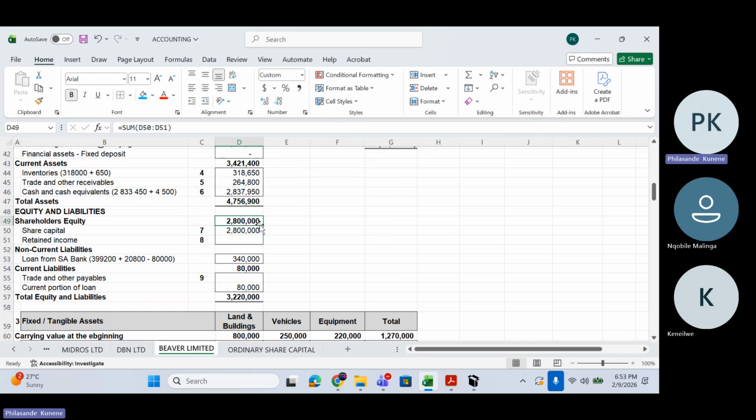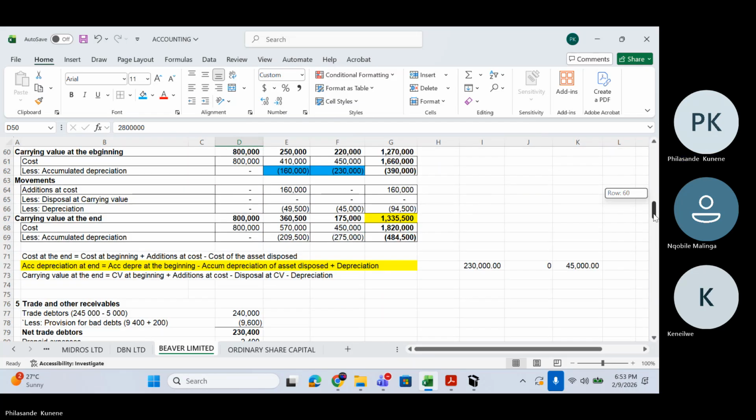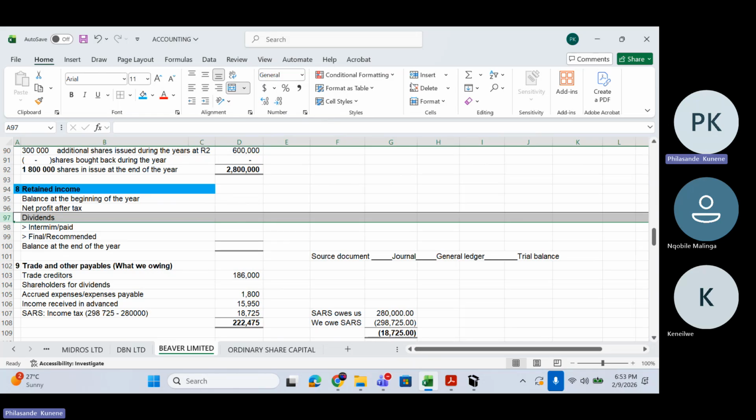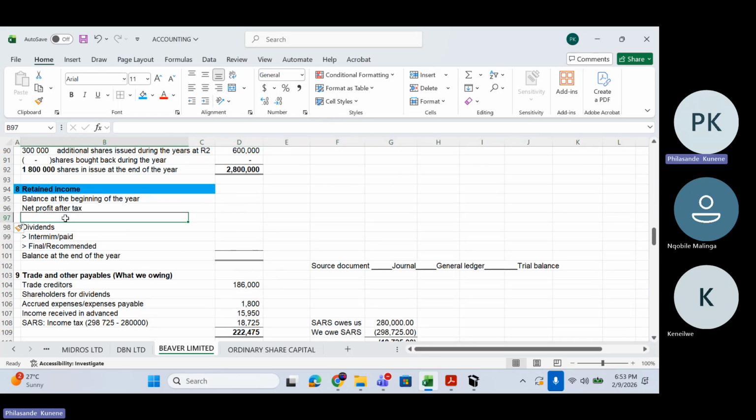2,800,000 rands. Okay, and then we go back now to retained income. There's the format. We're going to have a balance at the beginning of the year, and net profit after tax. And then there is share buyback also here in the retained income, even though we don't have share buyback, but let me just put it here at 0.